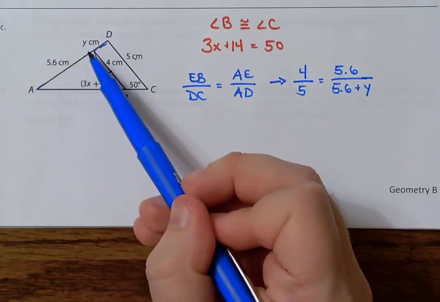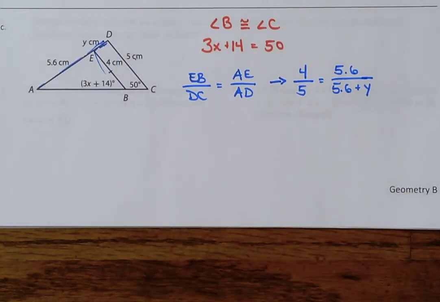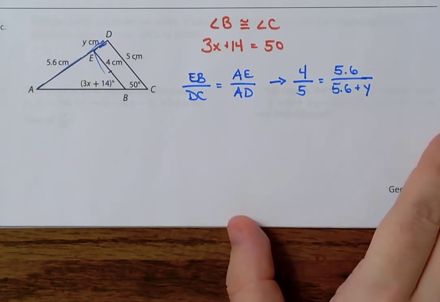We take the 5.6 plus the y to make the whole side of AD. Cross multiply and solve, and you should then be able to solve for y. x and y are both solved on my completed notes, so if you want to take a look at those to see if you are on the right track, by all means go ahead and do that.